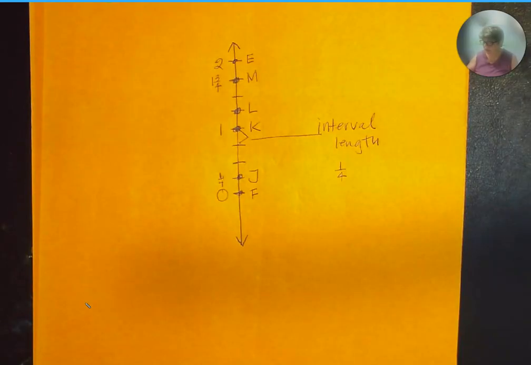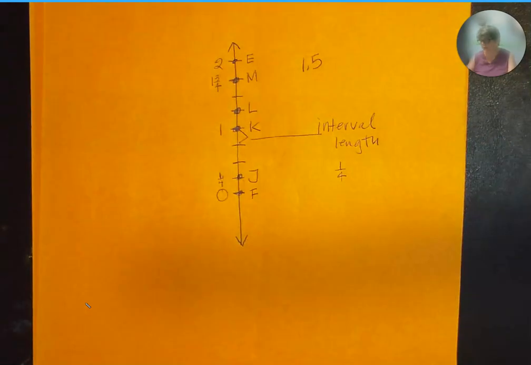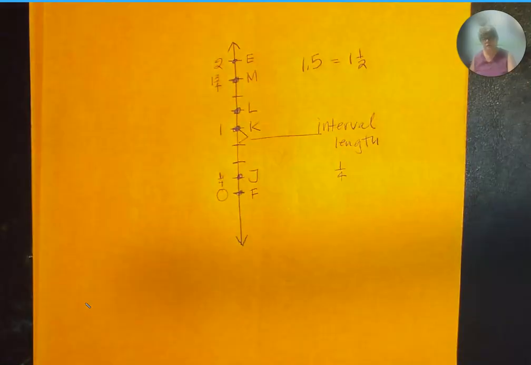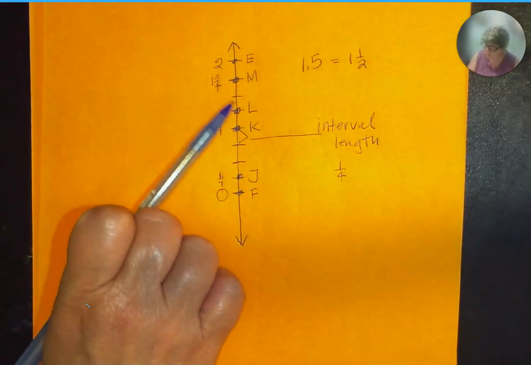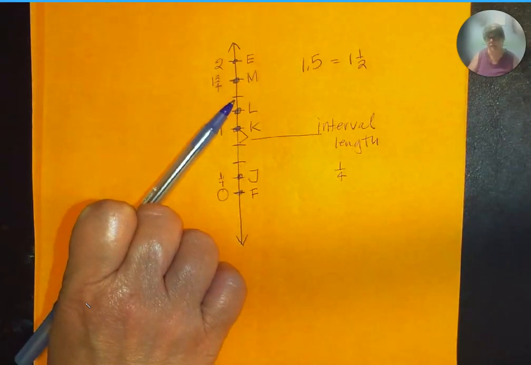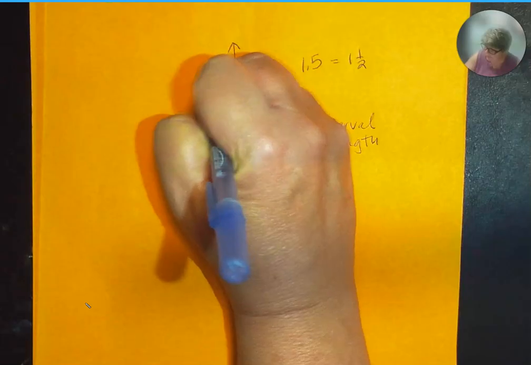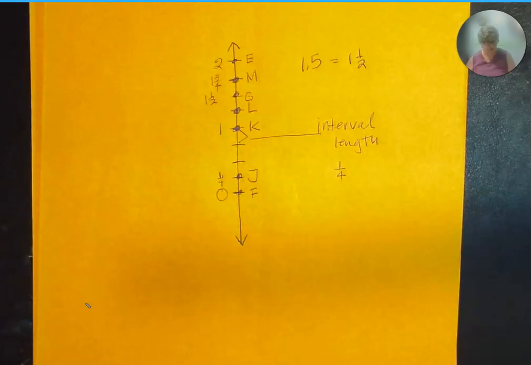Okay, so point G, 1.5, and 1 5/10 would be a better way to say that, right? And so that's the same as 1 1/2. So 1, 1/4, 2/4 is the same as a half, right? So this is 1 1/2, and that is point G. Okay, that one was a little tricky.